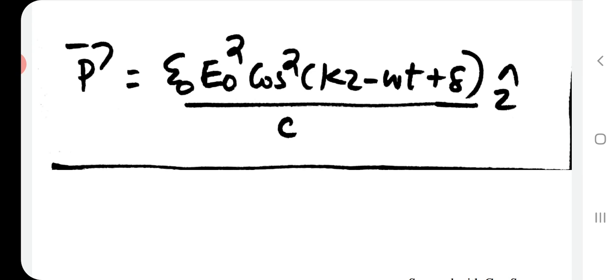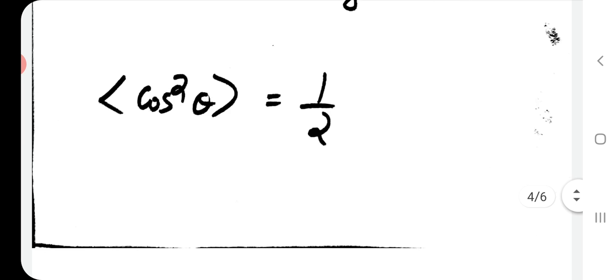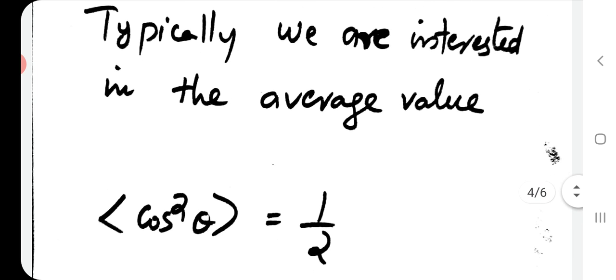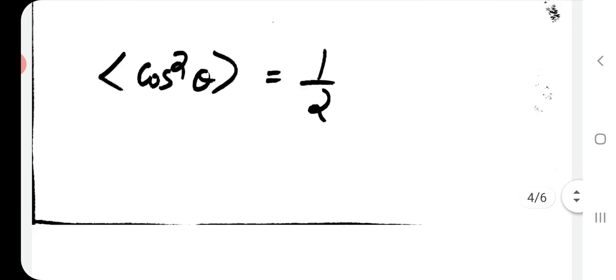So we are interested in the average value of the energy density and the average value of the momentum density, because whenever you make a measurement, you will be getting the average value. The average value of cos square theta over a cycle is equal to half.